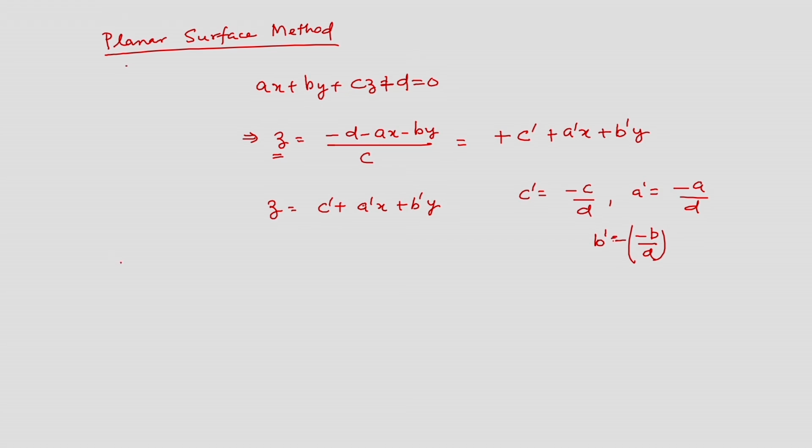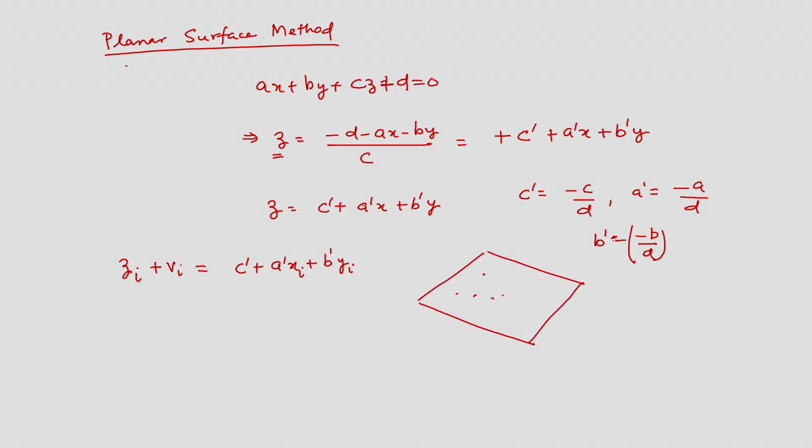I will use the method of least squares, and that is observed value plus some error here, and now I am fitting a plane c dash plus a dash x plus b dash y through the given points. So I have xi, yi. So let us say if there is a rooftop like this, and I have some data here which has some errors, and there is another rooftop here.